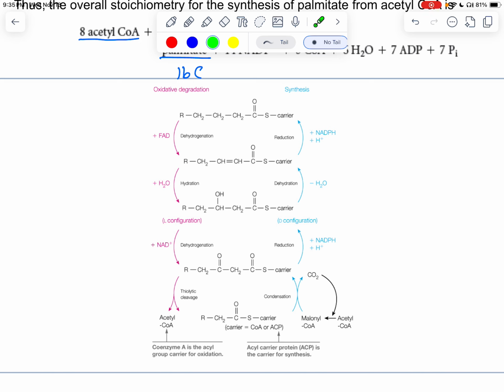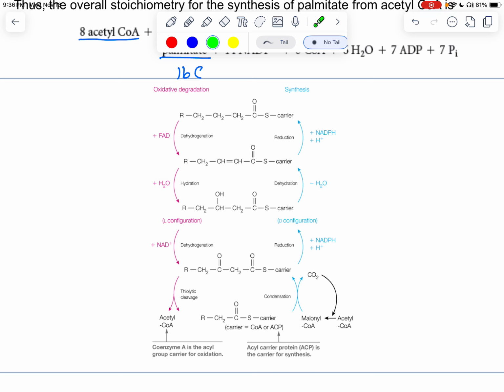The substrates are the same, except that the carrier for beta oxidation is coenzyme A, and on the synthesis side, the carrier is ACP, the acyl carrier protein. Now the enzymes are different because we're doing different things. This is reciprocal, it's tightly controlled.